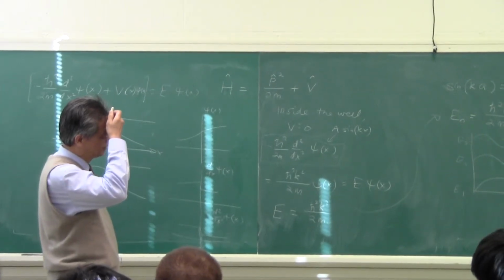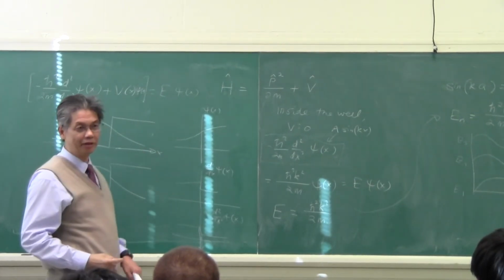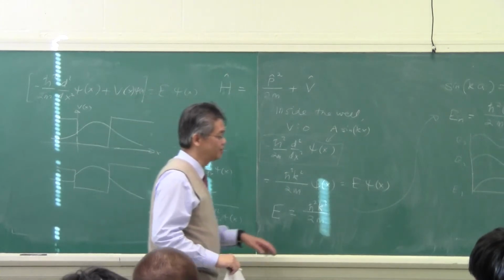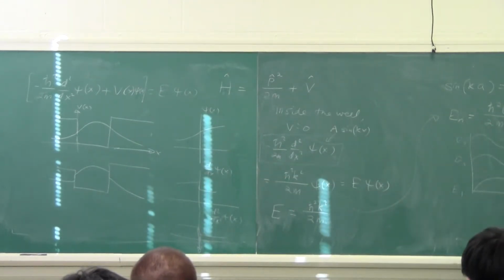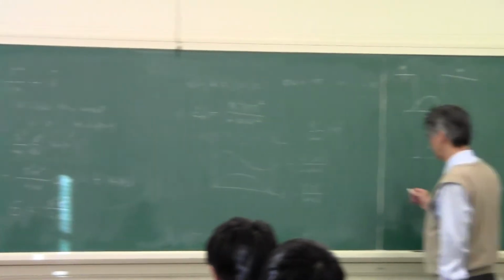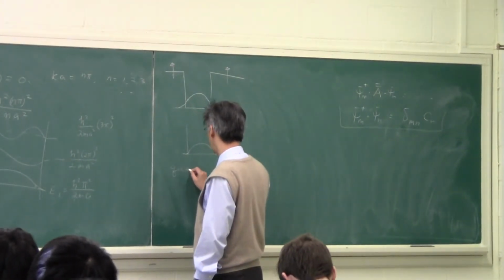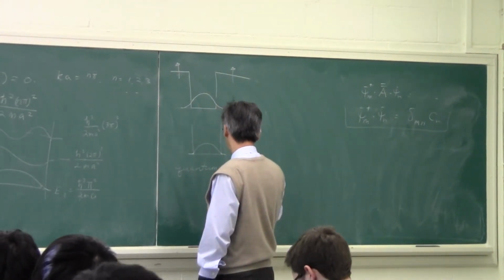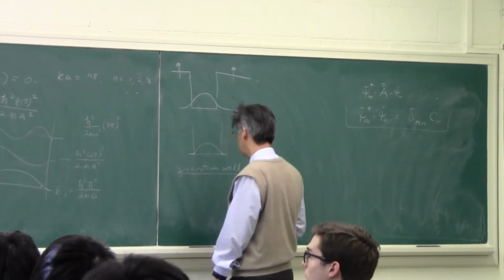Well, it's a very nice textbook problem, but there are actually technologies that use this kind of mathematics that you have done here, which is of course the quantum well.